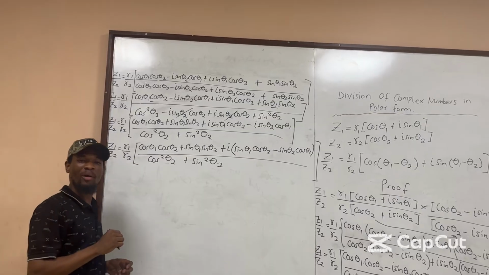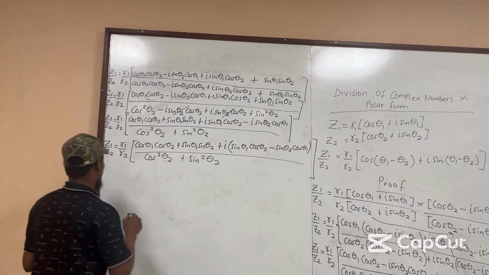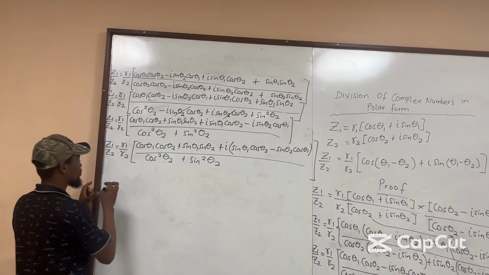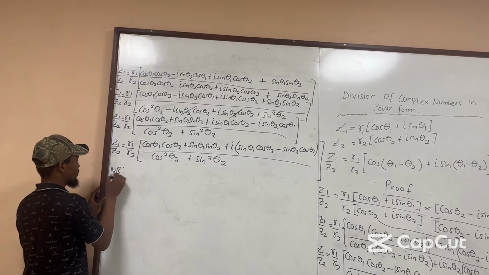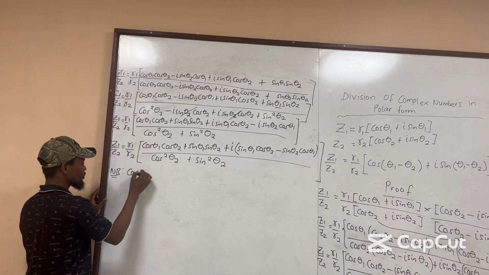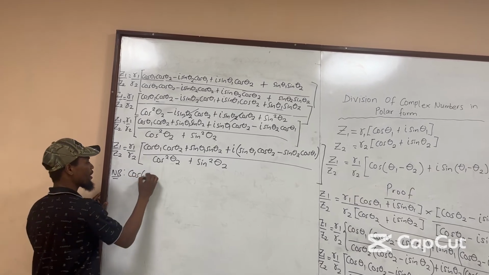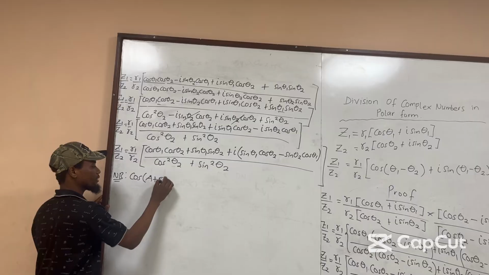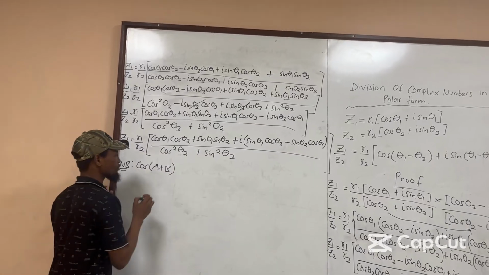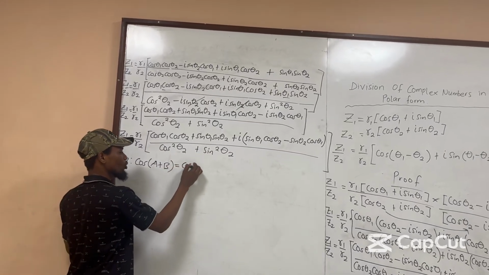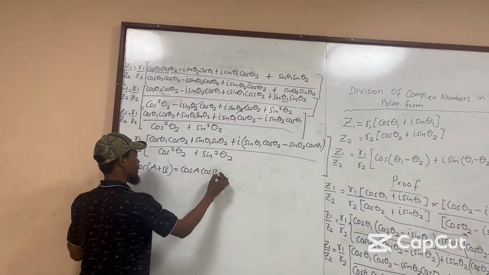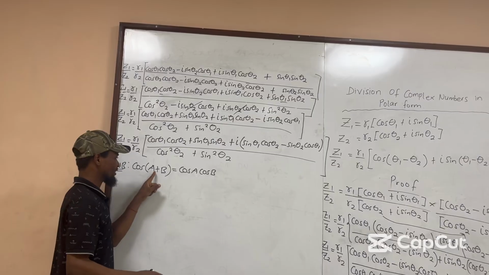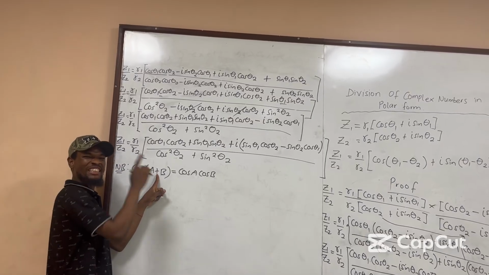Viewers, in trigonometry, we know that when we have cos of A plus B, this is the same as cos A cos B. For cos, positive goes with negative, okay?